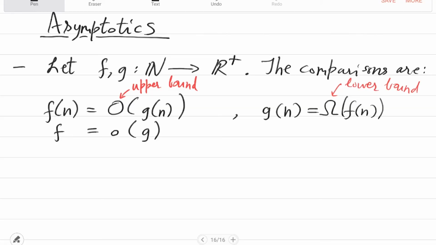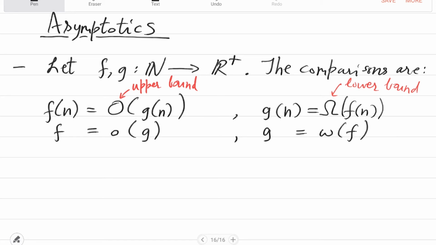As n keeps growing, this f over g tends to 0 in the limit. Similarly, it's equivalent to saying that g is little omega f. So these are the strict versions of upper bound and lower bound.